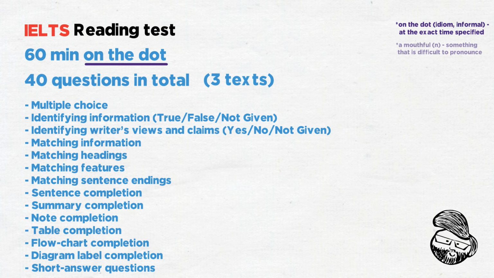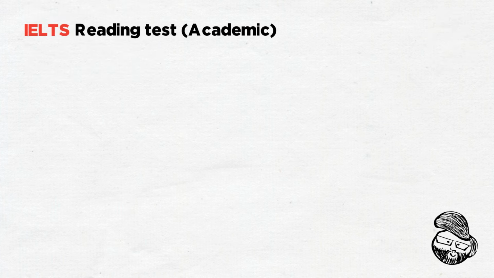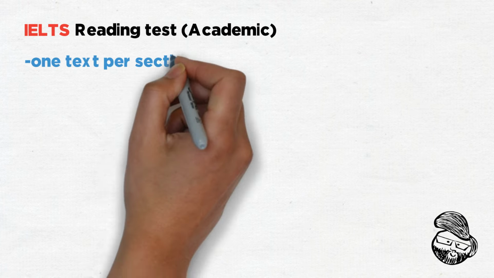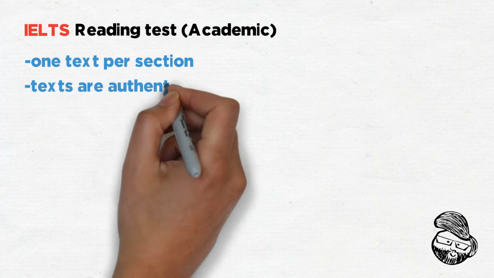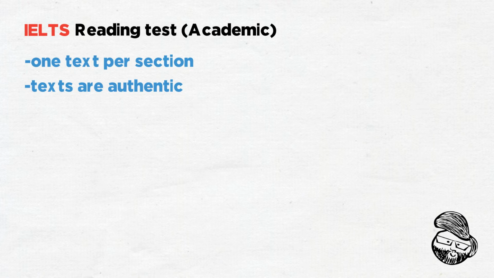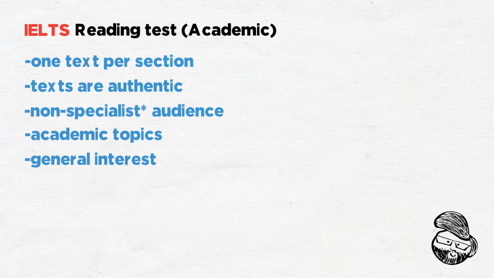Whew, a mouthful. If you decide to take the IELTS academic test, the reading part is going to look like this. Each section contains 1 long text. Texts are authentic and are taken from books, journals, magazines, and newspapers. They've been written for a non-specific audience and are on academic topics of general interest.